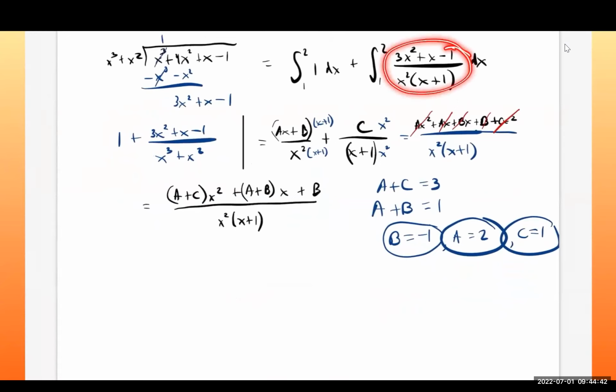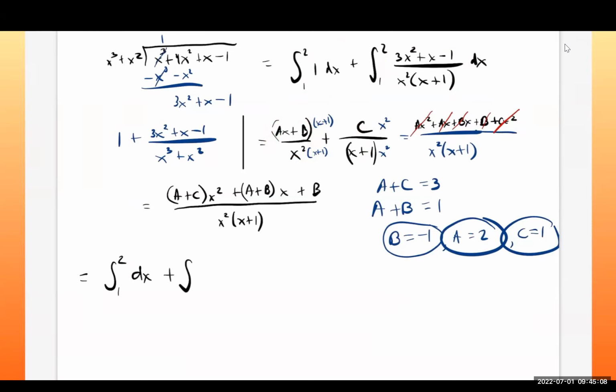Okay, now we're at the point where we can rewrite this integral into two separate integrals, this one and this one, just by replacing the a, b, and c with the values that we got. I'm going to rewrite this down here. I just got rid of the 1. You don't really need to write the 1. You can if you want.